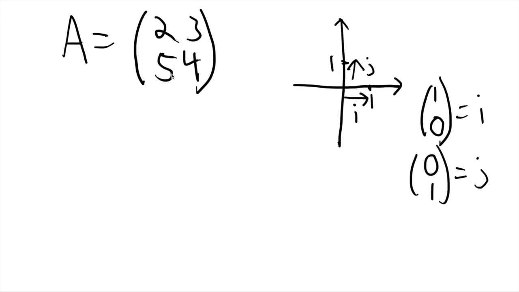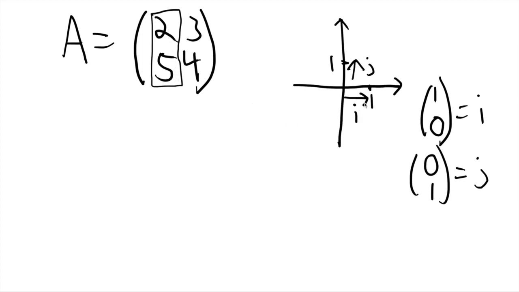And what this matrix represents is the way in which the i and j vectors change when this transformation is applied. So, for example, in this transformation here, the 2 and the 5 represent where the i vector goes.